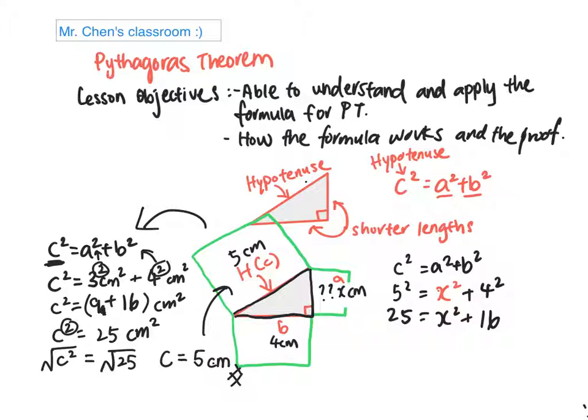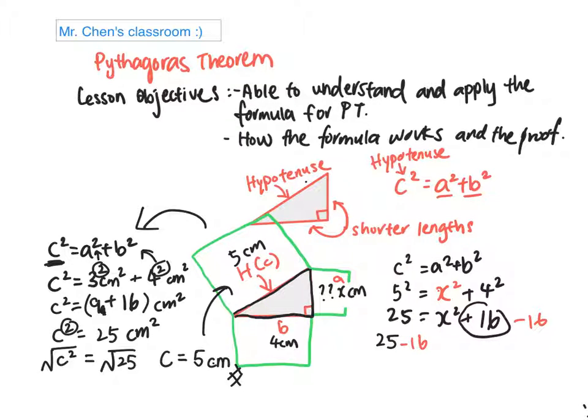So what happens next is you have to isolate this x and make sure you square root it afterwards. Okay, so let's get into it. To get rid of the plus 16, you have to minus 16. When you minus 16, you have to do it on both sides, so 25 also minus 16.